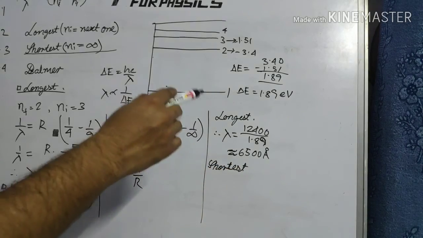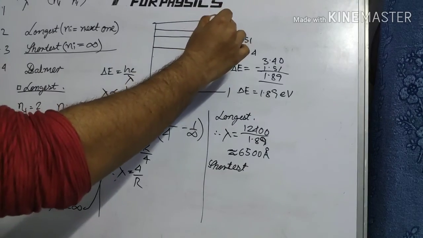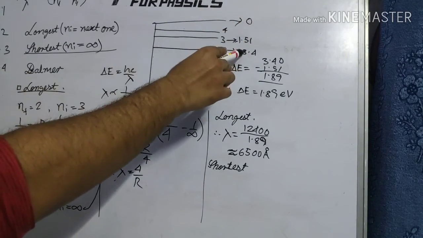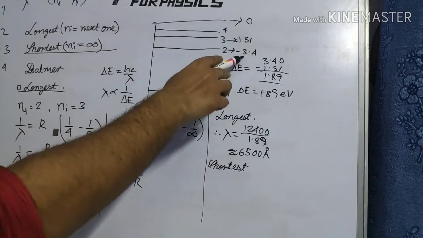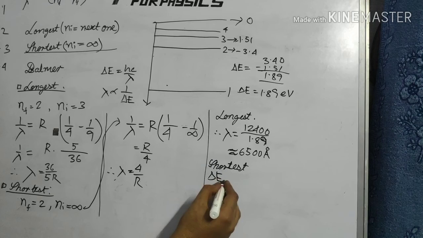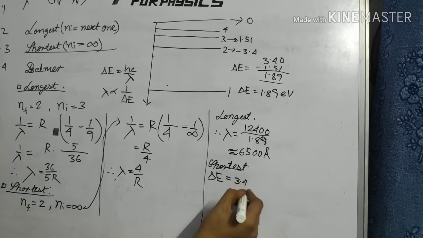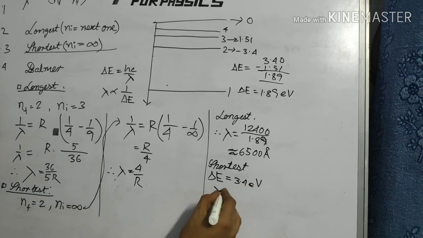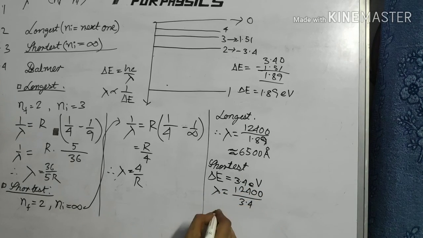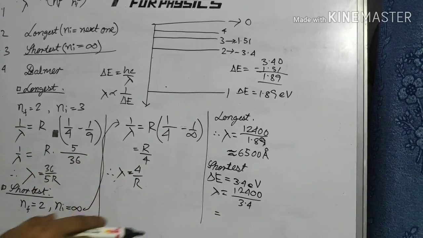And for shortest, the electron jumps from infinity, which has energy 0, to the second orbit having energy negative 3.4 electron volt. Obviously the energy gap is 3.4 electron volt, hence lambda would be 12400 by 3.4. So now calculate it this way.